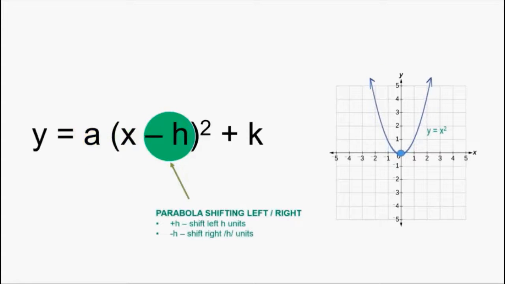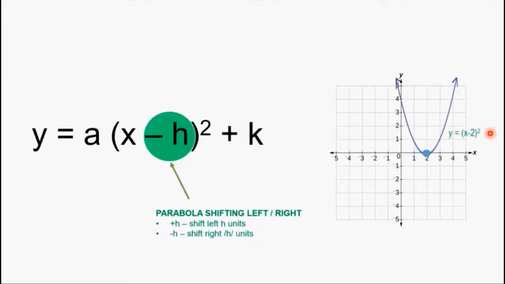Ang h naman ang nagsasabi sa atin kung ang parabola ba ay mag-move or nag-move pa kanan o pa kaliwa mula dito sa ating origin o dito sa ating reference parabola na y is equal to x squared. So, pansinin natin itong ating illustration. Tandaan lang, nakabaliktaran ang sign sa direction, ha?